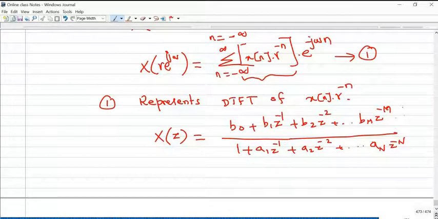The roots of the numerator are called zeros, and the roots of the denominator are called poles.